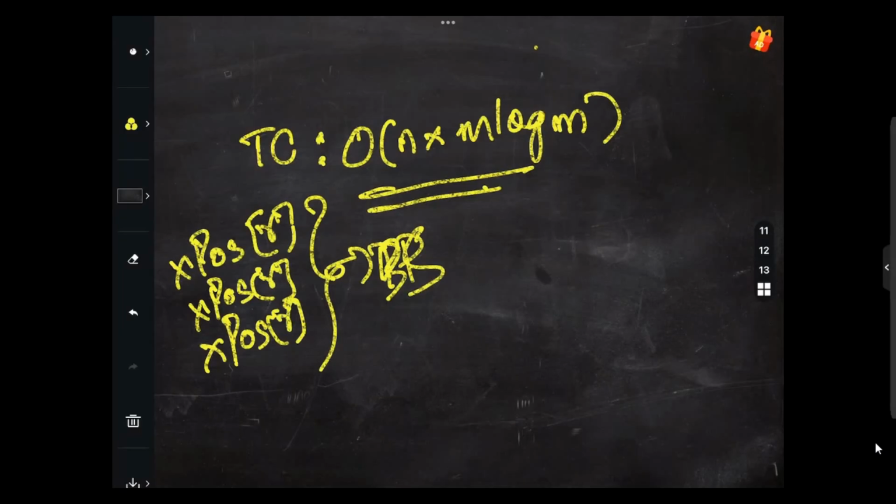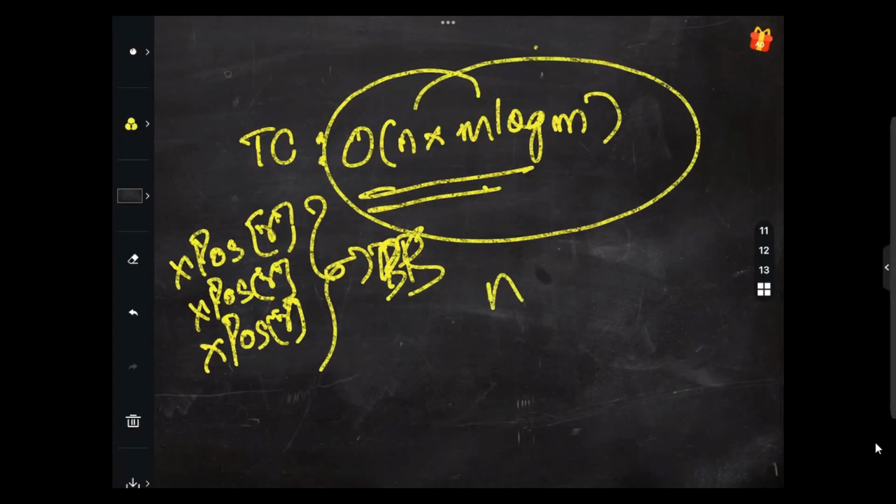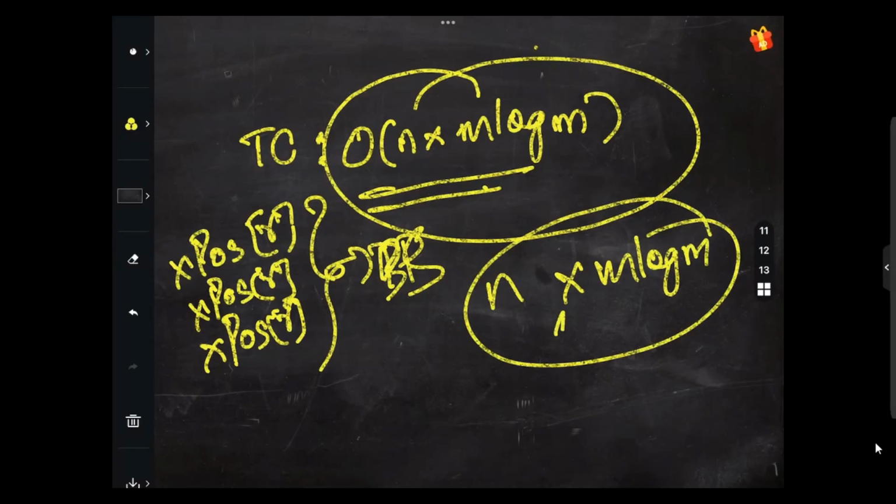We'll be applying binary search on R and the DP propagation. We'll be going with the DP for the caching purpose, and binary search as well. So the overall time complexity would be big O of n into m log m.